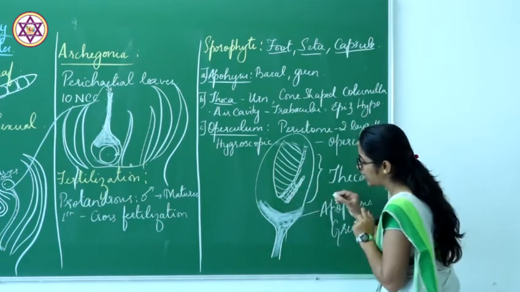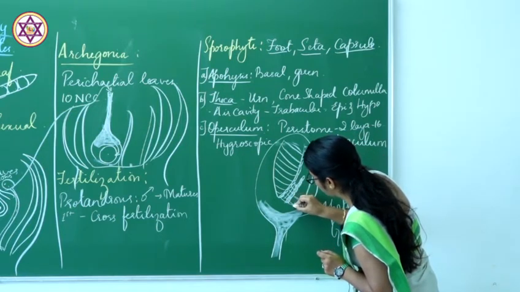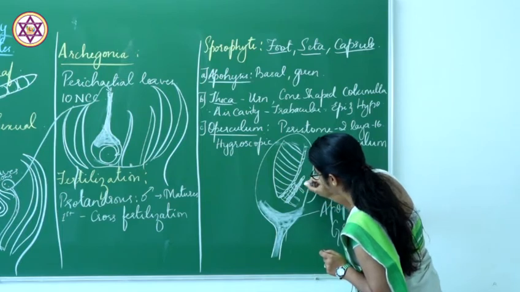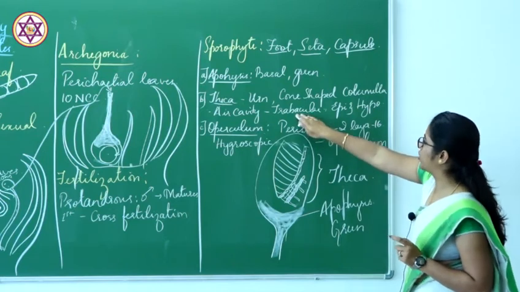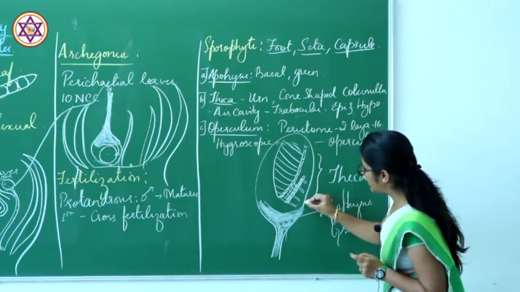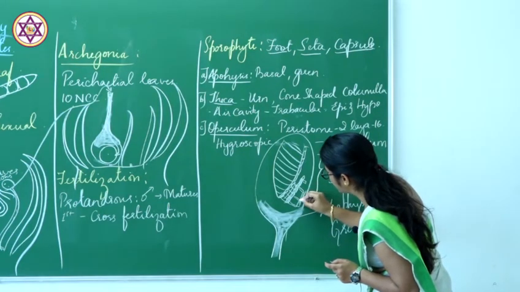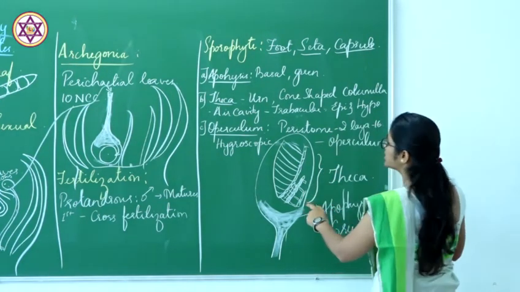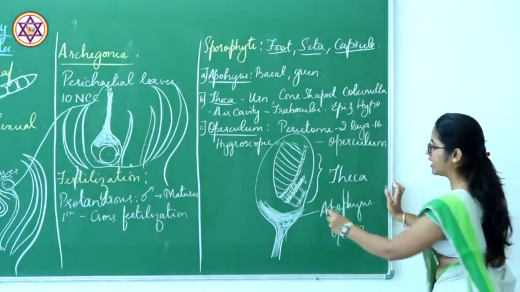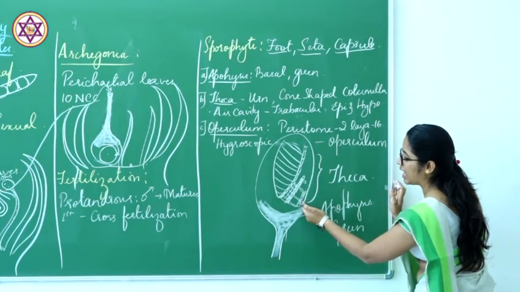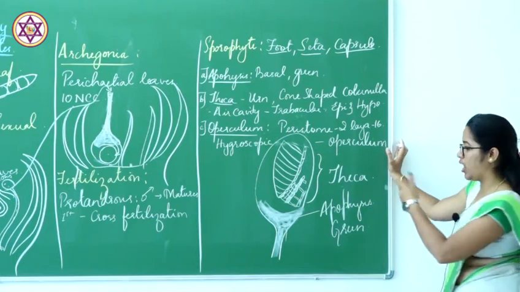Now after that you will find slender, long vertical cells being produced. These cells are called trabeculae. These cells are in contact with another layer of cells present here, which is the hypodermis. There are around 3 to 4 layers of hypodermis, and after the hypodermis you will have the epidermis, that is the outer region.